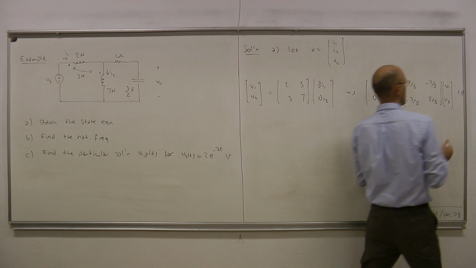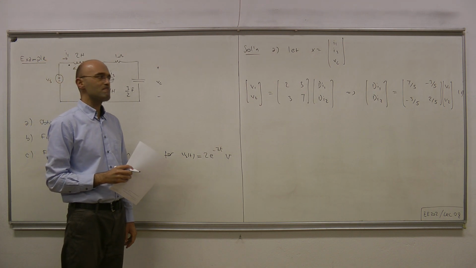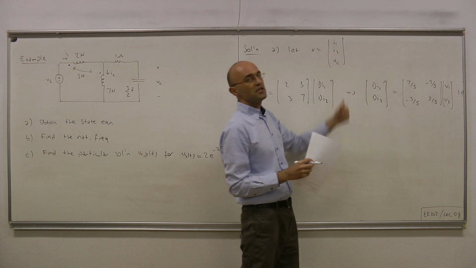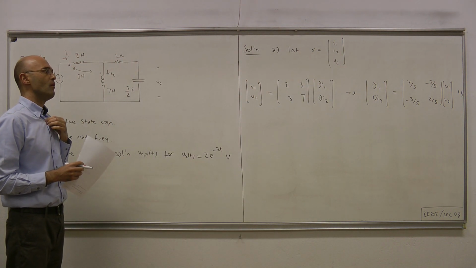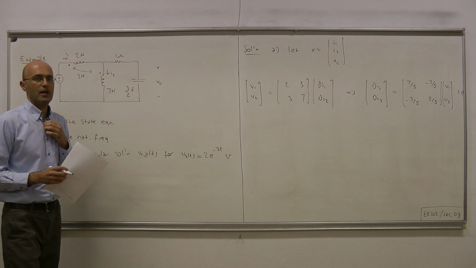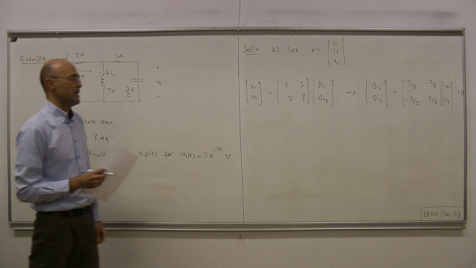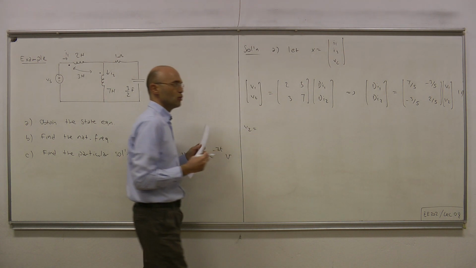So let's call this equation 1. So we have I1 dot and I2 dot, but in terms of V1 and V2. V1 and V2 are not our formulation variables, so we have to somehow express them in terms of state variables, I1, I2, Vc, and perhaps also in terms of Vs. Let's start from V2.